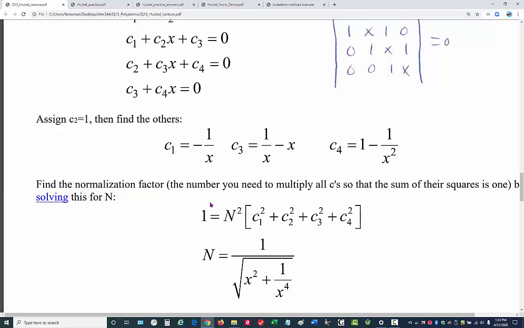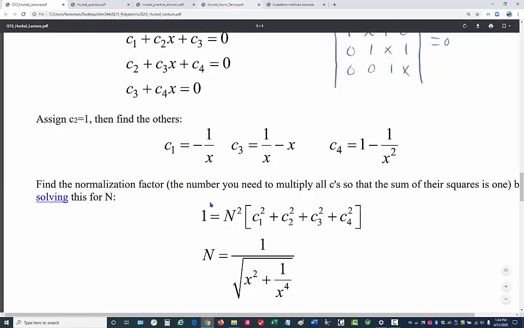In order to normalize the wave function, we want each of these c's, if you square them and add them up, we would want that to equal 1. And so we can actually solve for a normalization constant that would allow that to be true. If you want to see the details of that, I can show you the algebra.